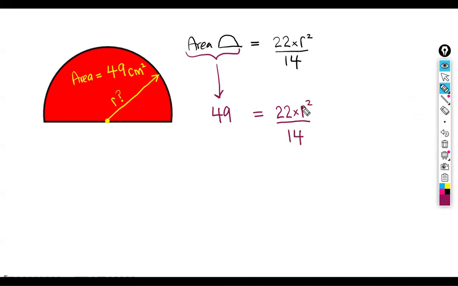We want to solve for R, which is the radius. Now, 49 is the same thing as 49 divided by 1, so now we have a fraction on both sides, and we have an excuse to cross multiply. Let's cross multiply this diagonal first because it has the letter R, the letter that we are trying to find. Anything multiplied by 1 is itself.